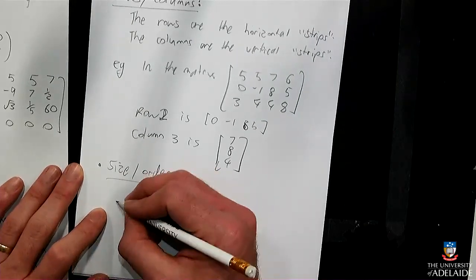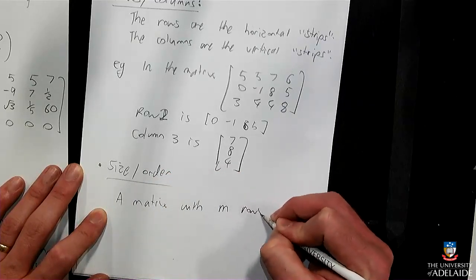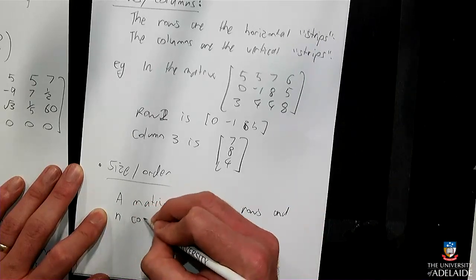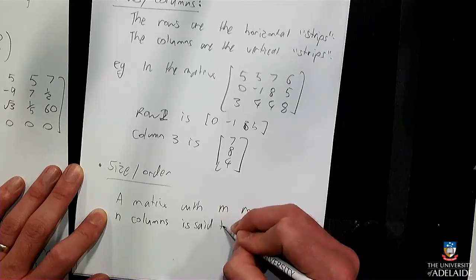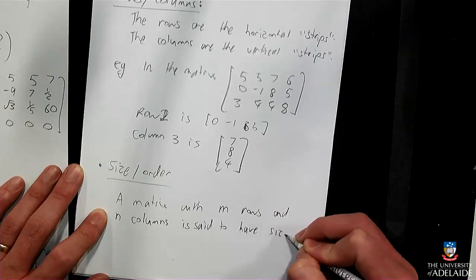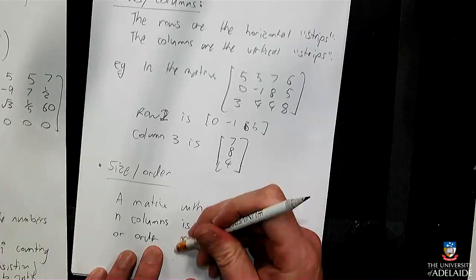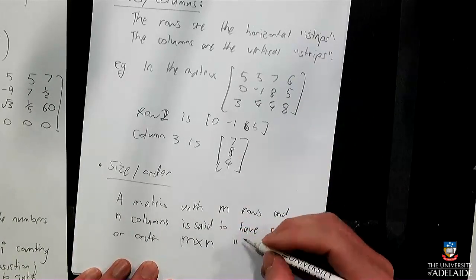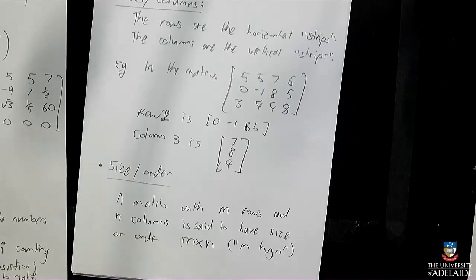And so you can say a matrix with m rows and n columns is said to have size or order m by n. Now it's not m times n. You do not calculate these two numbers and multiply them. I mean, you could if you wanted, but when you say the size of a matrix, you have to say how many rows it has and how many columns there are.